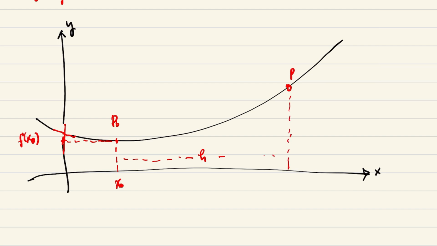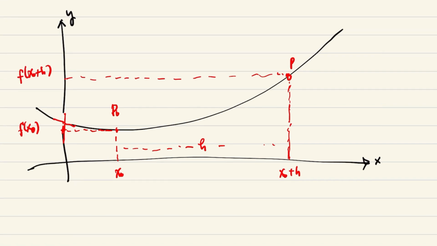You project a line perpendicular to the x-axis. So this is x sub 0 plus h, and the corresponding ordinate for that is f of x sub 0 plus h.